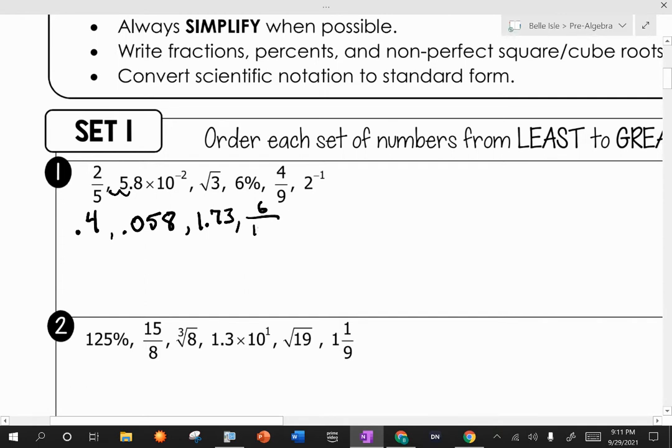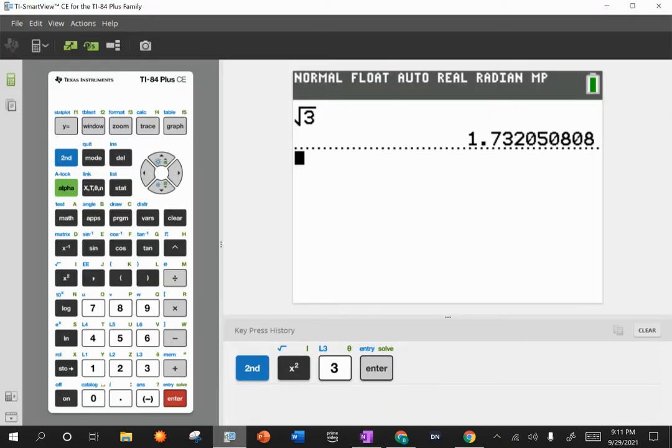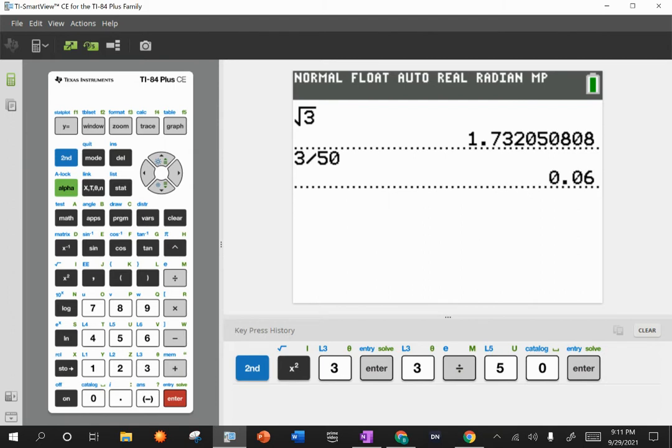6% is again going to be 6 over, percentages are out of how many? 100. And we're going to reduce. You can reduce both of those by 2, which will give you 3 over 50. 3 divided by 50 is going to be 0.06.